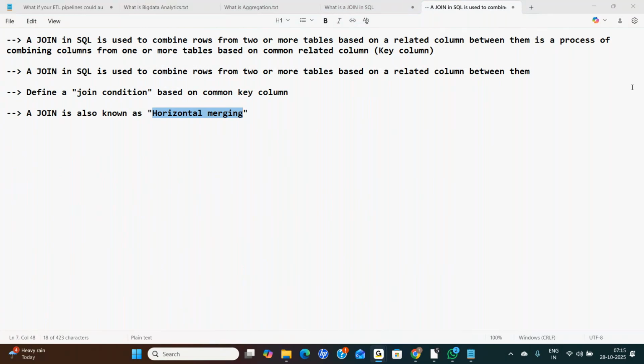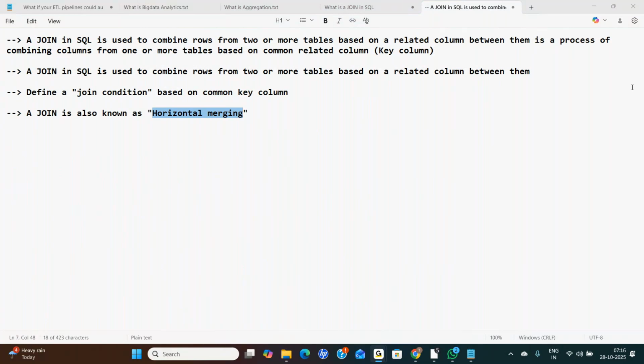When I discuss project-related use cases every day, I'm not going to take a single topic. I'll combine multiple topics and present a case study. At that time you will come to know the importance of joins, very commonly used.